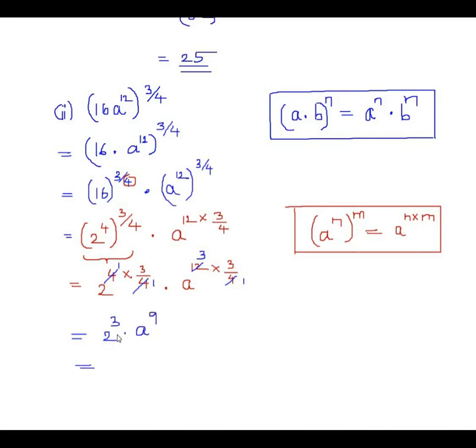So 2 cubed is nothing but 2 times 2 times 2, which is 8, and a to the power of 9, and it cannot be further simplified. So this is the way we have simplified 16a to the power of 12 raised to the power of 3 over 4. So this is the most simplified answer.